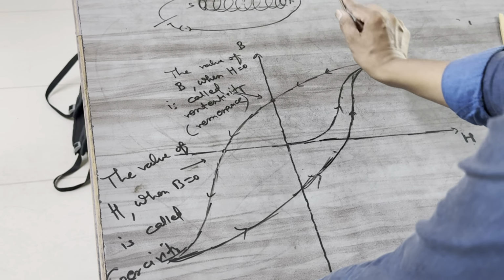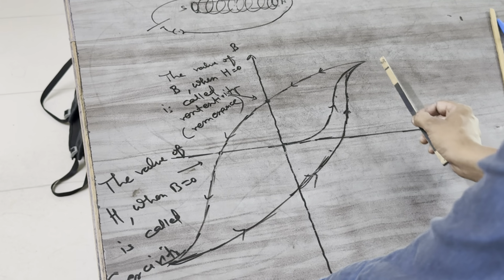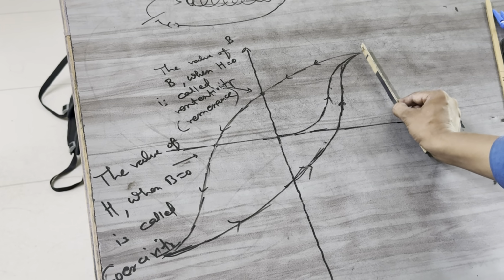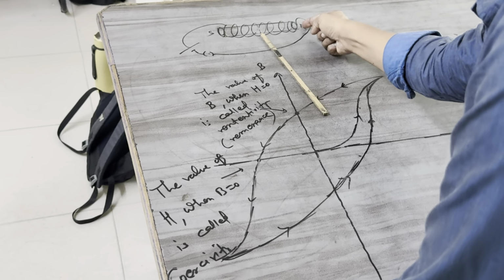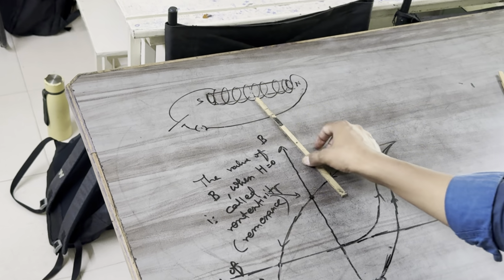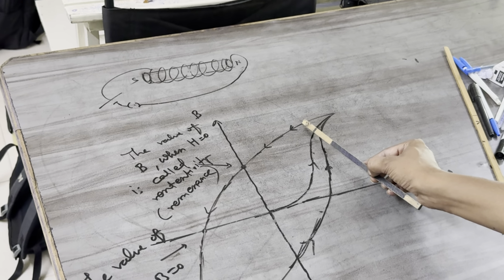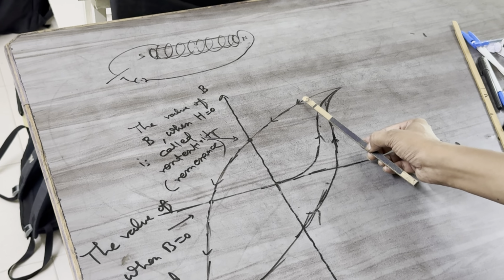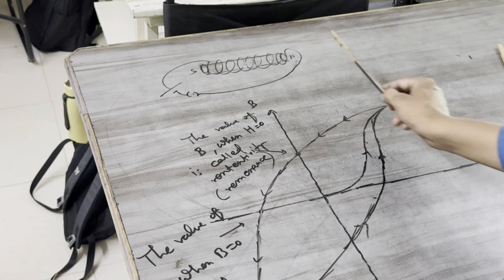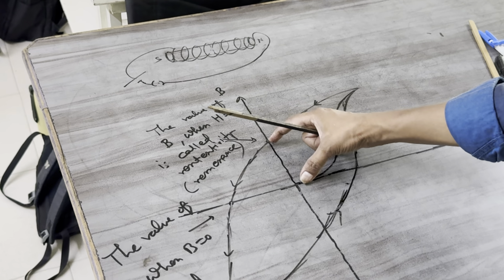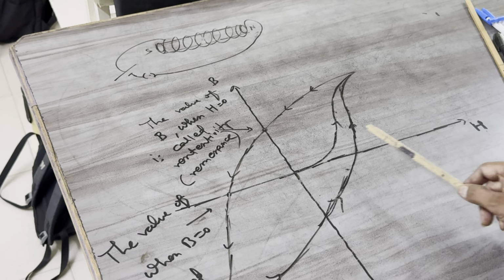After that, saturation is attained, so there is almost no increment with the increase of H. If we decrease the current in the same direction, suppose the current in this direction makes this end a north pole and this end a south pole, B also decreases, but not traversing the same path. At last, when the current becomes zero, the material is still magnetized permanently; this magnetic field is there, a permanent magnet.